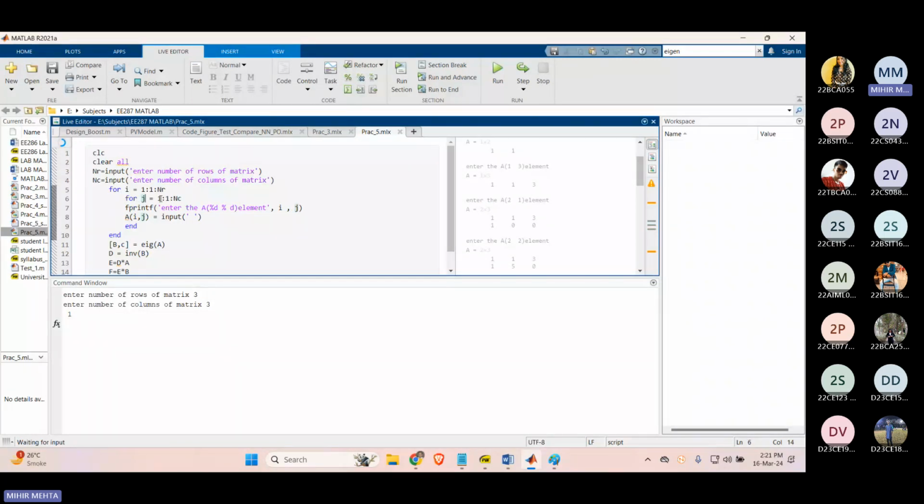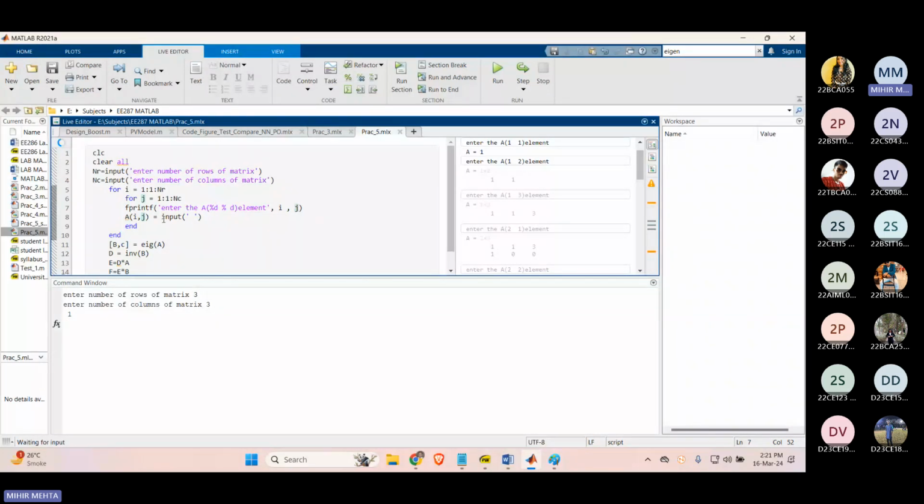Now you increment this by 1. So now the value of J is 2. So if the value of J is 2, now you have to enter the value of percentage D element where I is still 1, but J is 2. So now you have to enter the value for A12, which is, see, it is asked here. Enter the element A12. Okay.